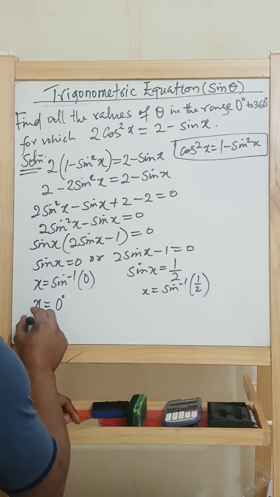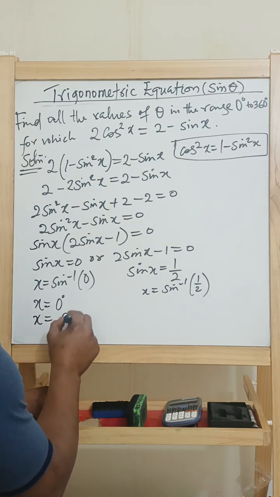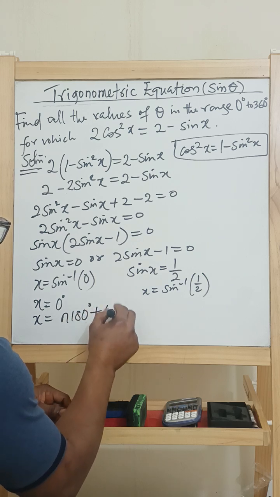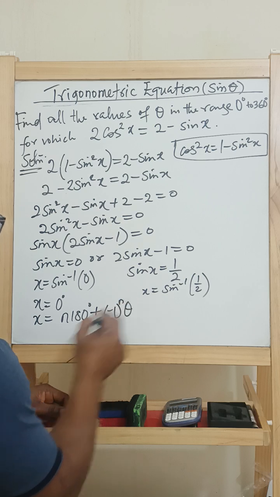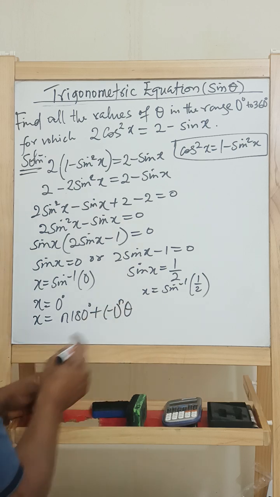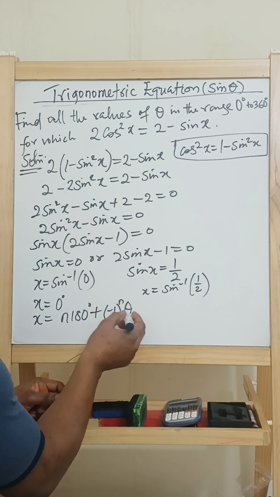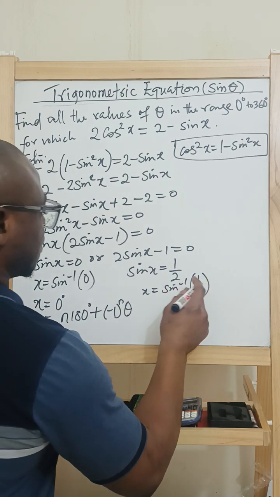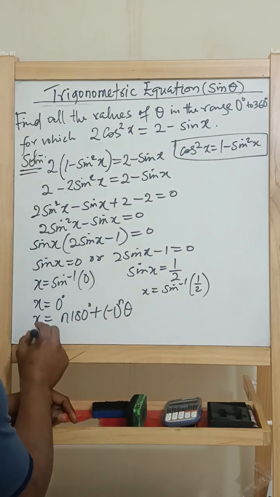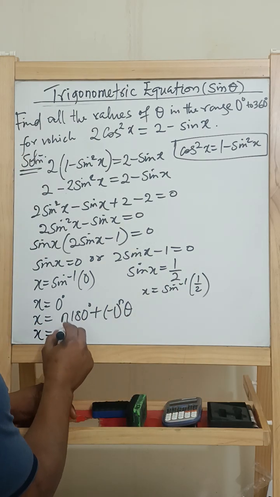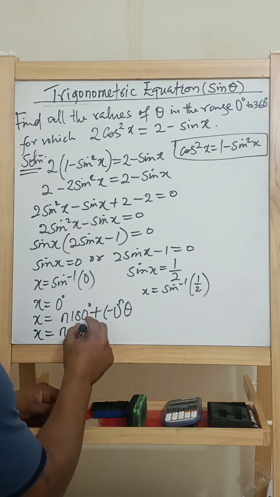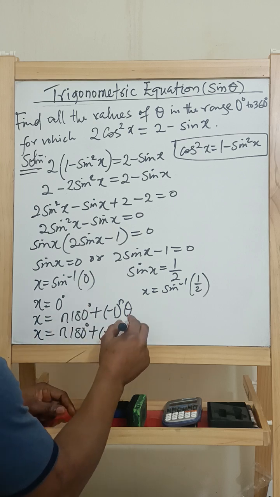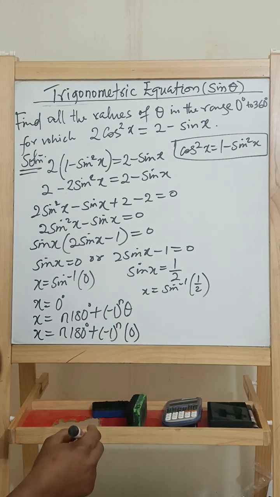The general solution is n times 180 degrees plus minus 1 raised to the power n times theta, where theta is equal to this x. So x is now n 180 degrees plus minus 1 raised to the power n times 0.